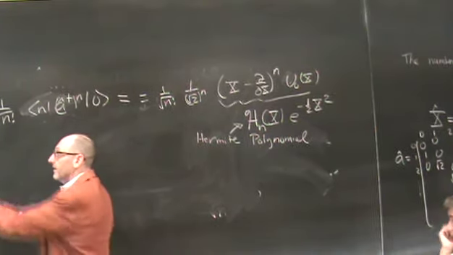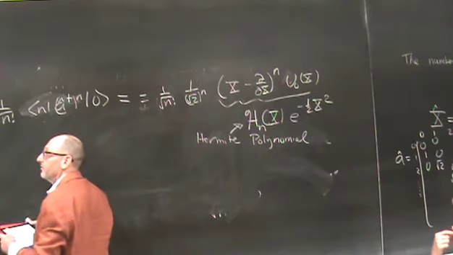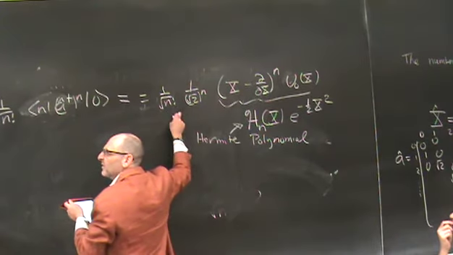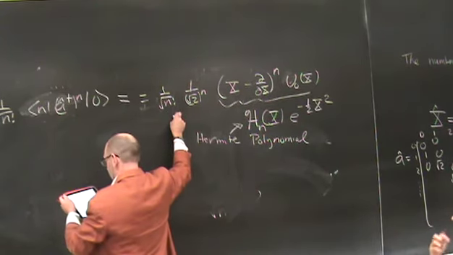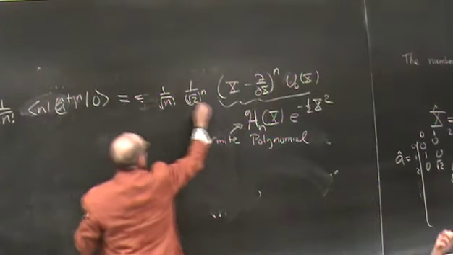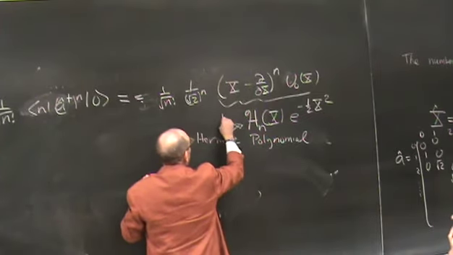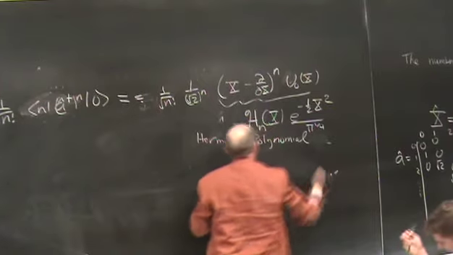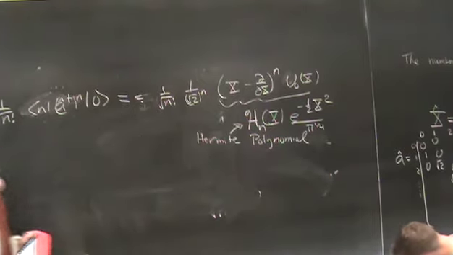Yeah, I forgot that, the square root of pi thing. So this is equal to this: 1 over square root of 2, times 1 over pi to the 1/4, because that was U0. Okay, so those are called the Hermite polynomials.